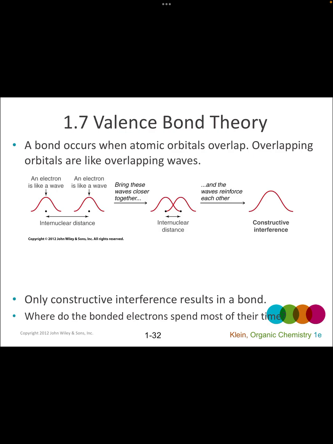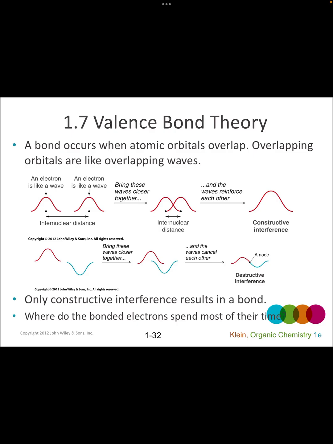And remember, we said that electrons have particle properties, but they also have wave properties. And that's why we were talking about phases, ups and downs. Because they behave like waves, there is such a thing as constructive interference. That's when 2 waves of the same phase collide together, then you get a higher, bigger amplitude.